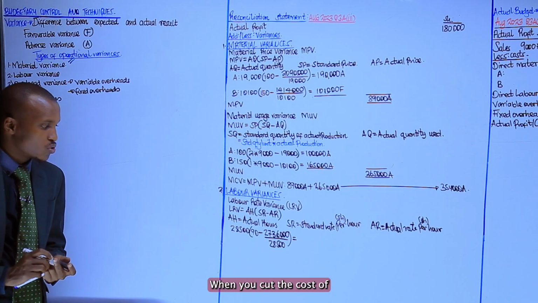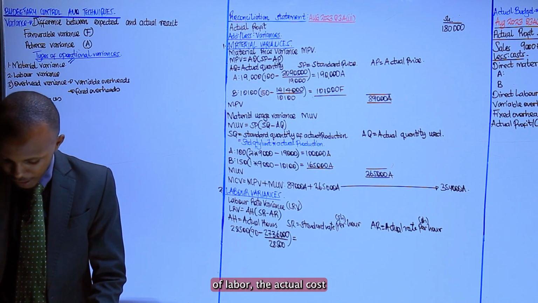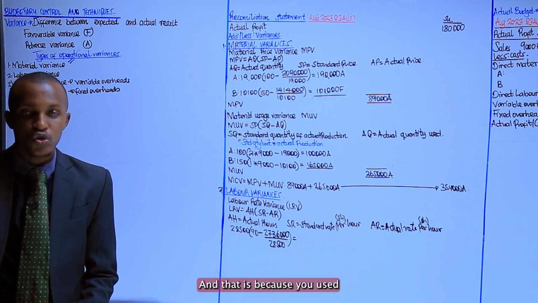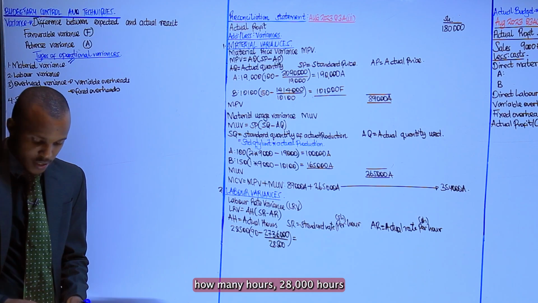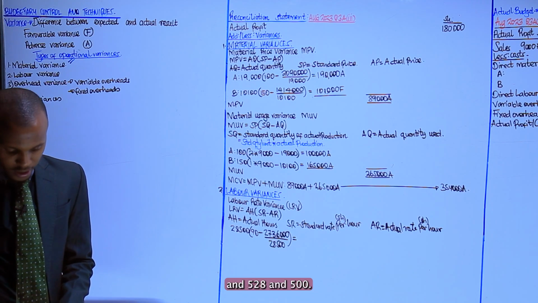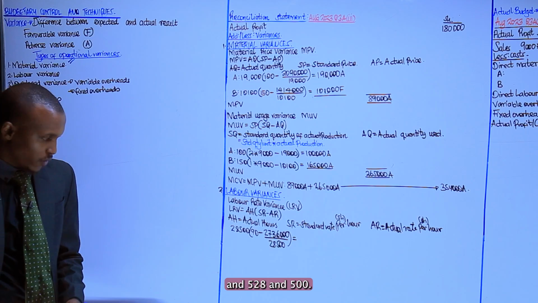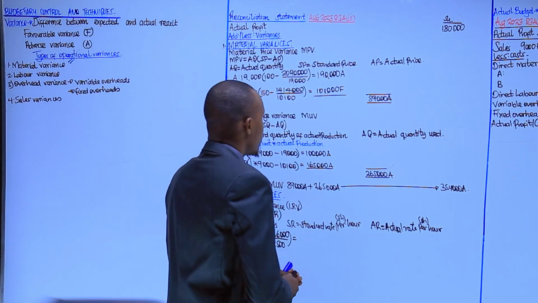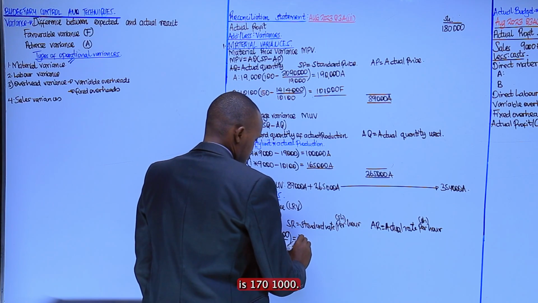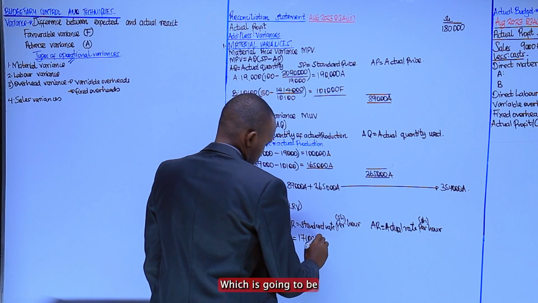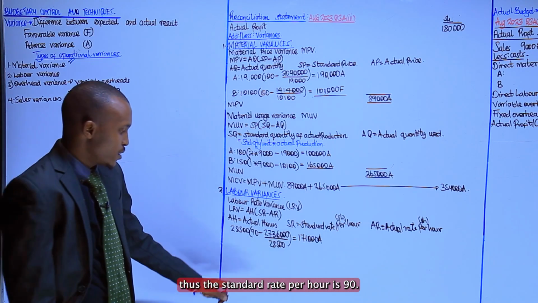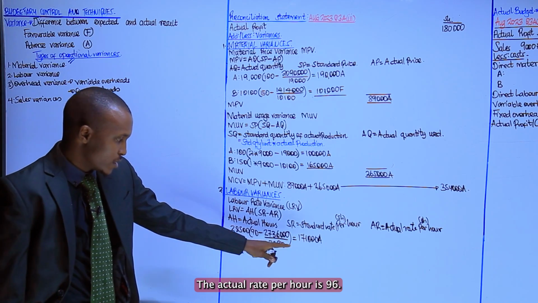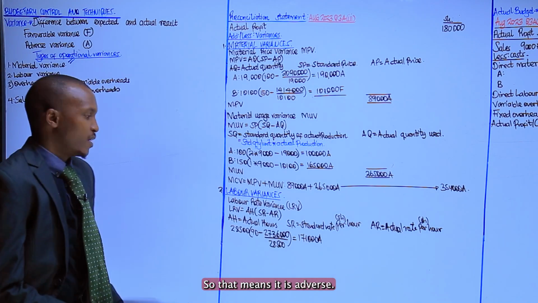When you incurred the cost of labor, the actual cost was 36,000, and that is because you used 28,500 hours. So this is 171,000, which is going to be adverse. The standard rate per hour is 90. The actual rate per hour is 96. So that means it is adverse.